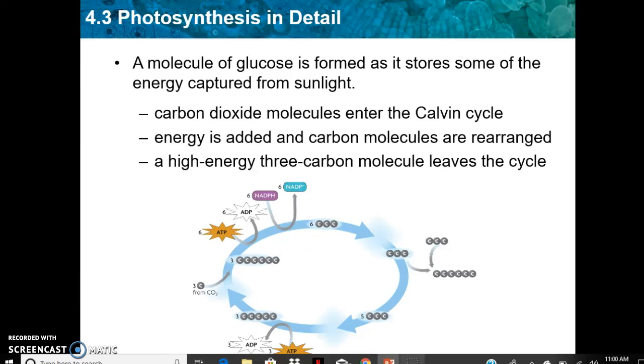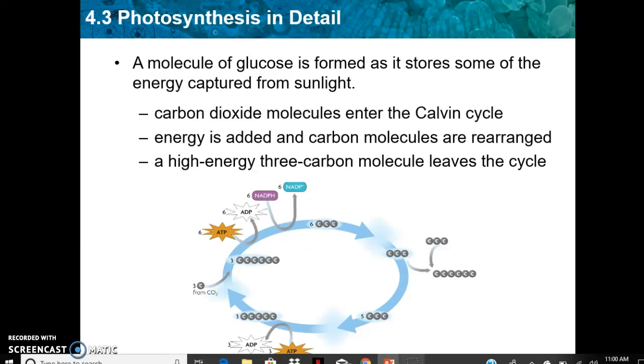So what is happening here is that if we pick it up from like the 9 o'clock position over here, carbon dioxide molecules are going to enter into the cycle, and we're going to add those carbons. The carbon from the carbon dioxide is going to be added to carbon that's already existing inside of this Calvin cycle.